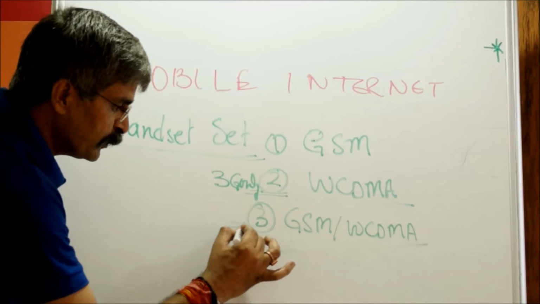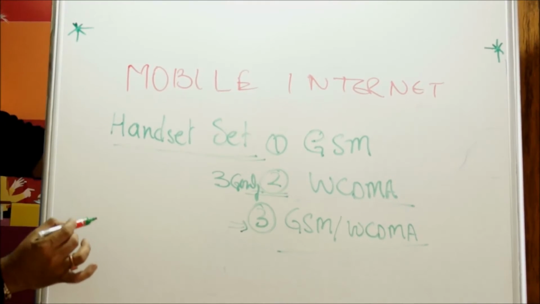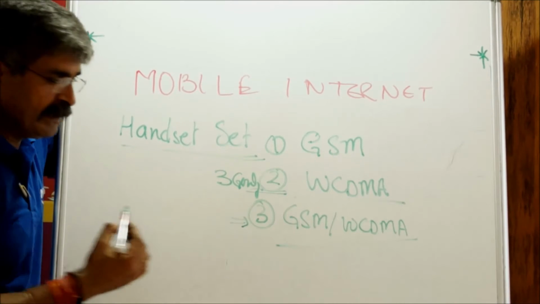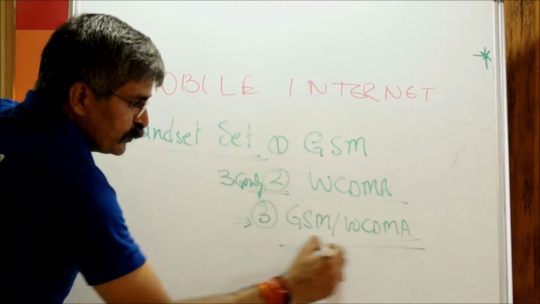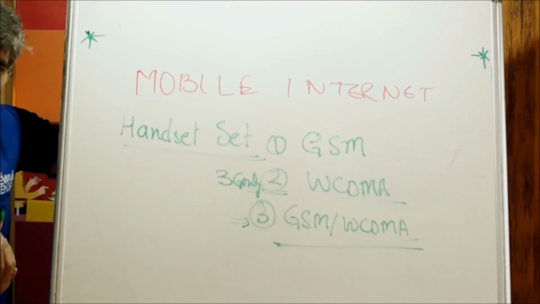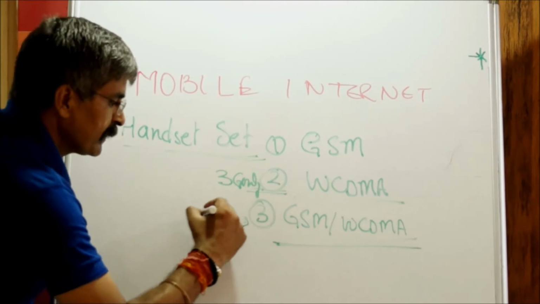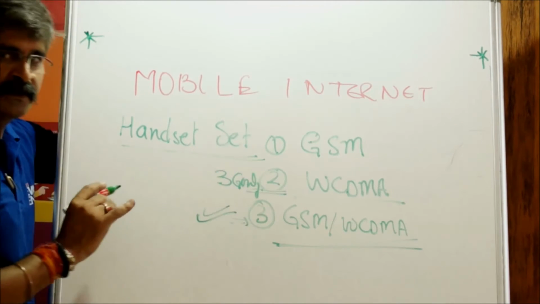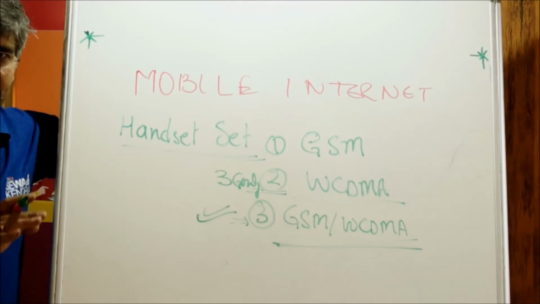The third mode is GSM or WCDMA, that means 2G or 3G mode. So either 2G is available or 3G is available, and this handset will start working. These are the three common modes generally available in all handsets.